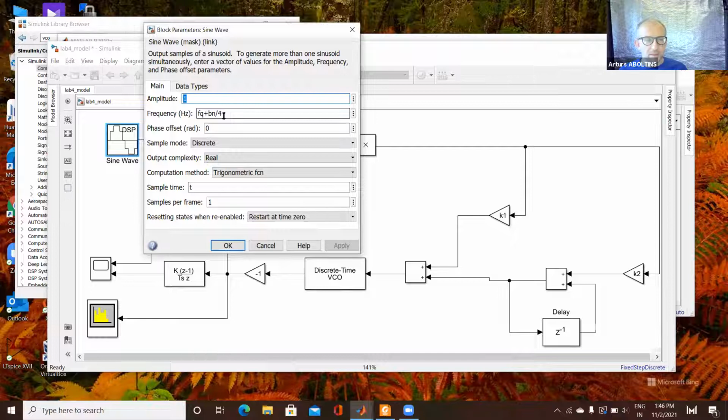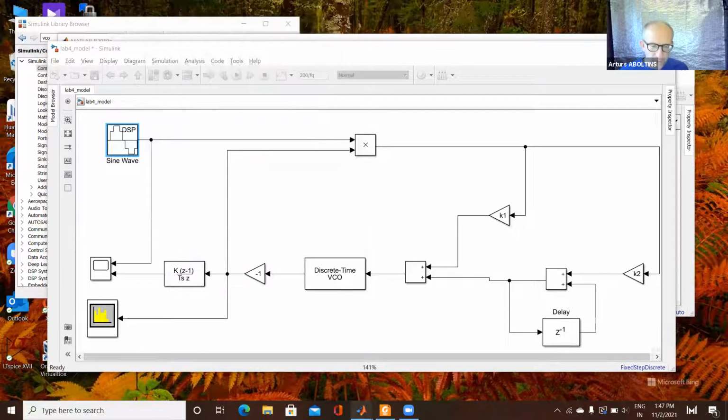Okay, this is nice. Because it looks like it goes in the wrong direction. It seems like either K1 or K2 is not correct.